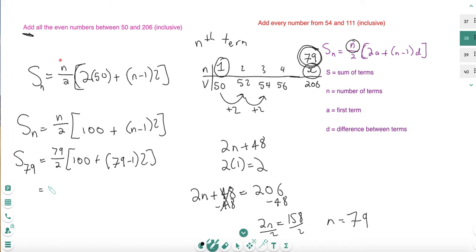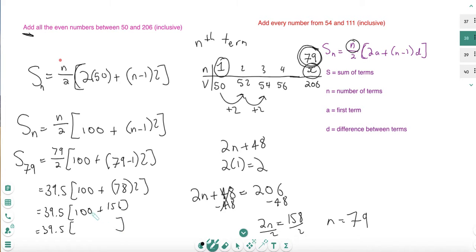Yes, 39.5. 100 plus 79 minus 1 is 78, times 2 is 156. 39.5 times 100 plus 156 is 256.